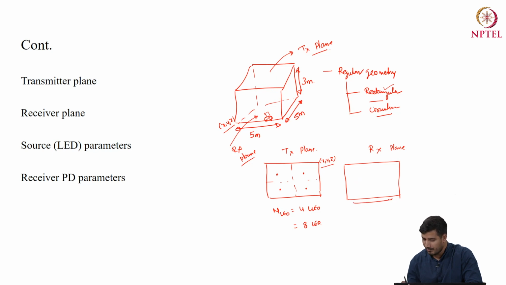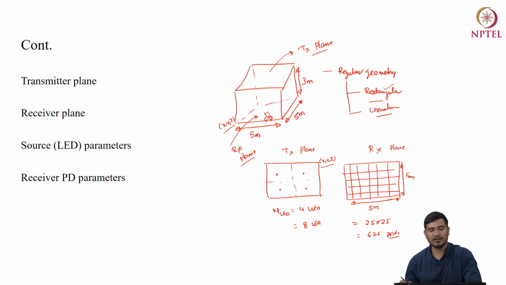As you know the dimension is 5 meter cross 5 meter, we divide this floor into a number of grids, and each grid corresponds to a location of the PD, or you can say the number of PDs here. Generally in a standard format we divide this into 25 cross 25, equal to 625 grids.